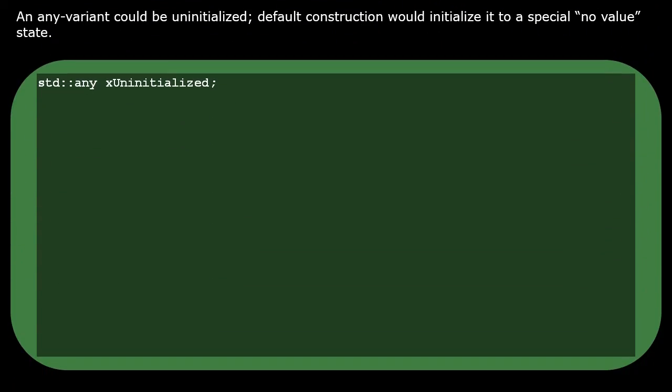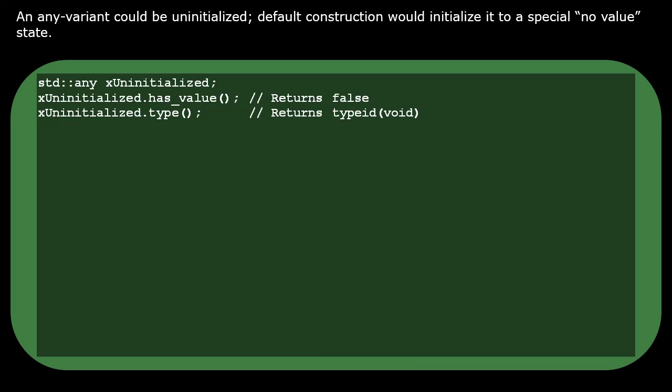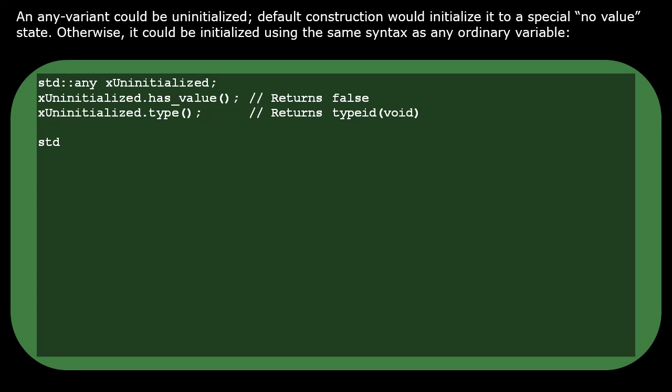An any variant could be uninitialized. Default construction would initialize it to a special no value state. Otherwise, it could be initialized using the same syntax as any ordinary variable.